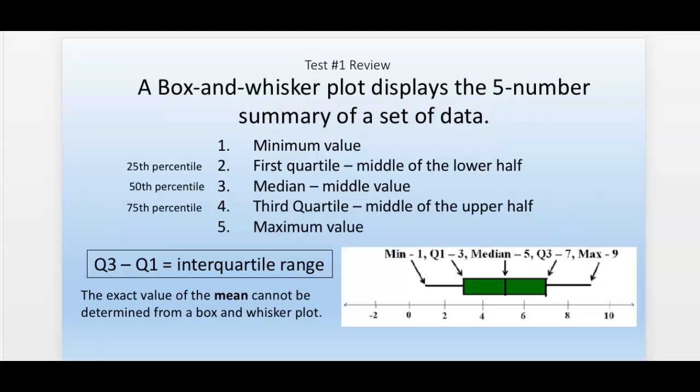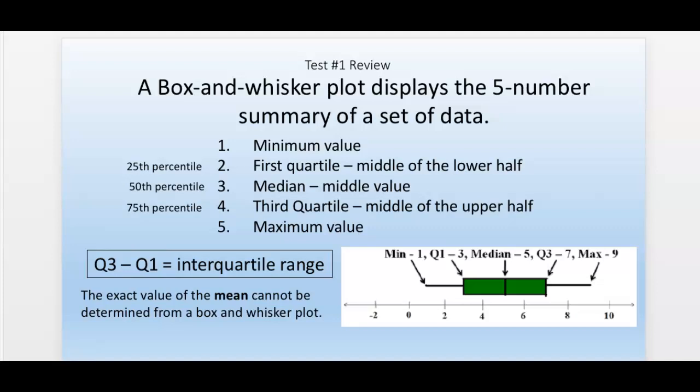And we looked at different displays. We looked at a box and whisker plot, which displays the 5-number summary: the minimum and the maximum, and the first quartile and the third quartile, that's the box. And it clearly displays the median.